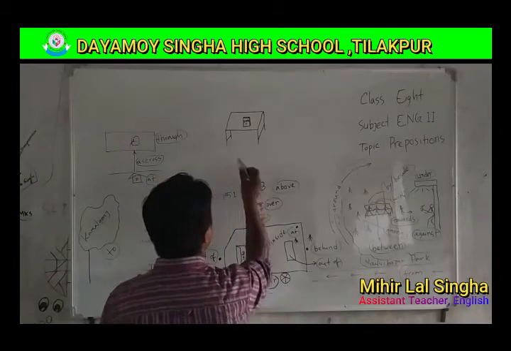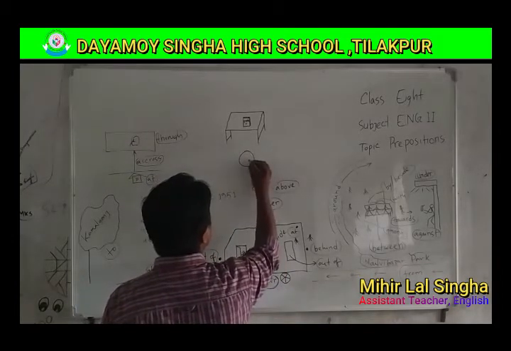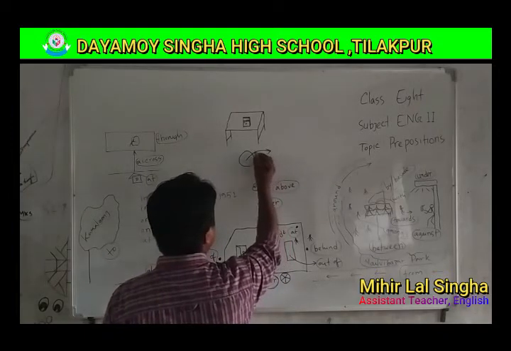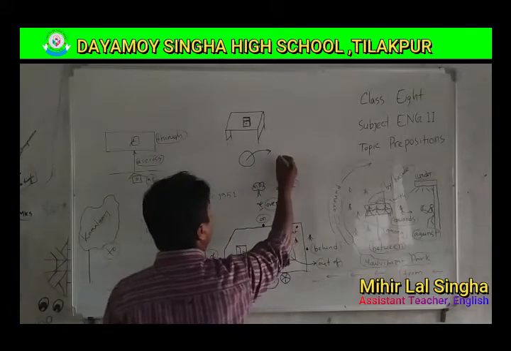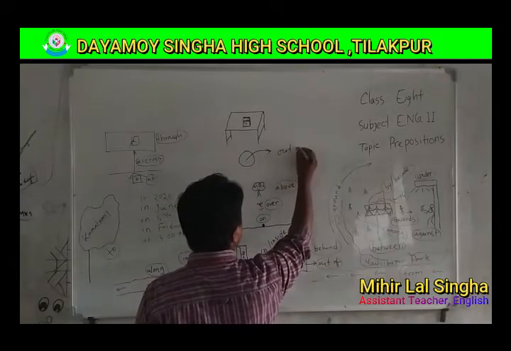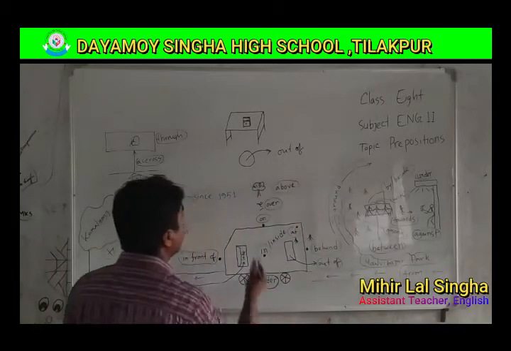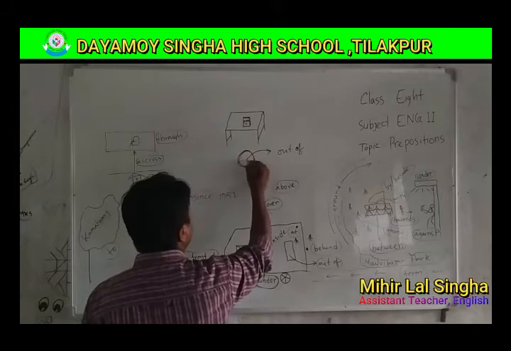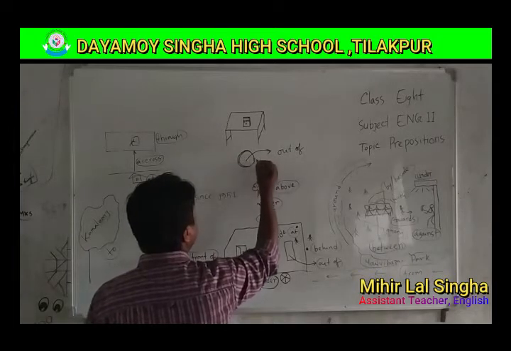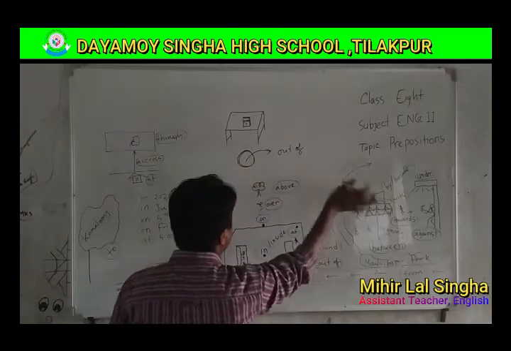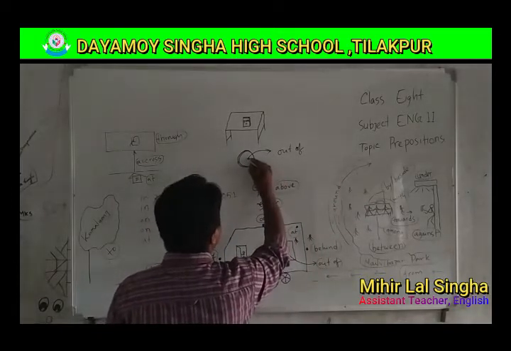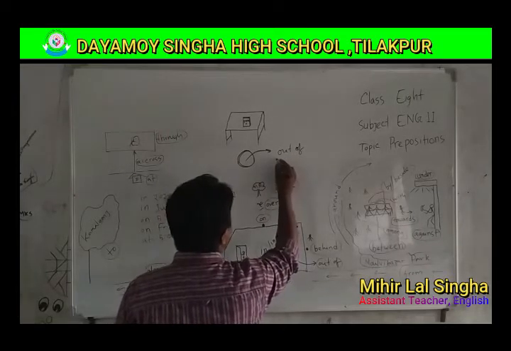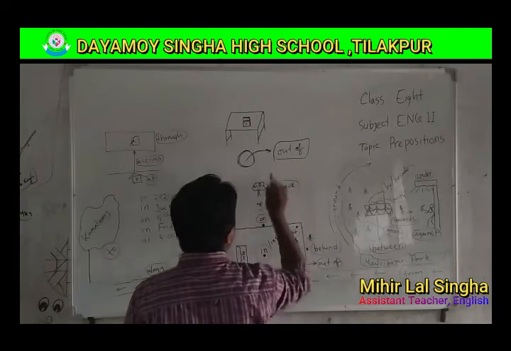Now if something goes out of the area, then we can use out of, okay. So this is a certain area, and inside the area, if something goes out, okay, there is a movement, then we have to use the preposition out of, okay.